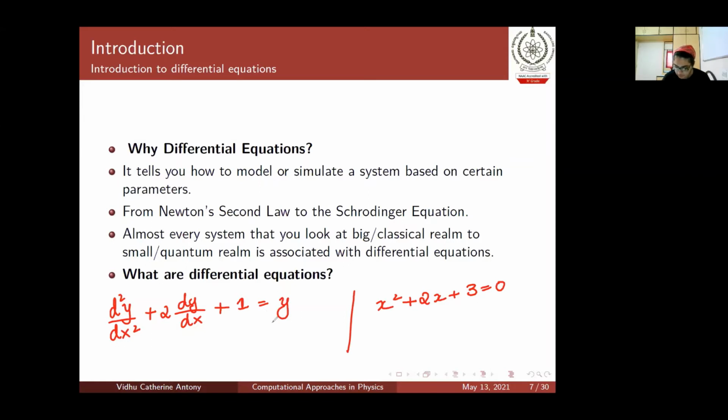So you have the derivatives of the function, say y, associated with the function itself.